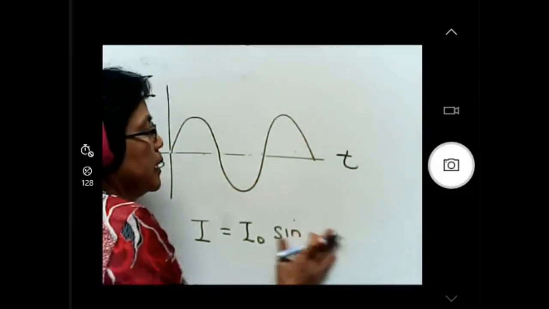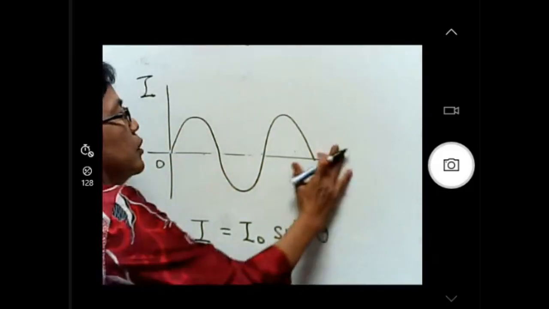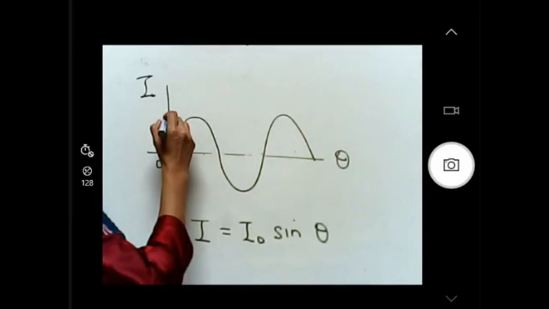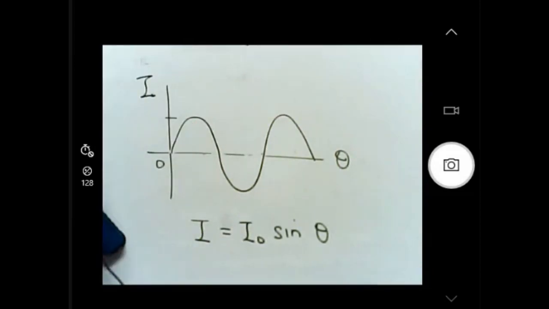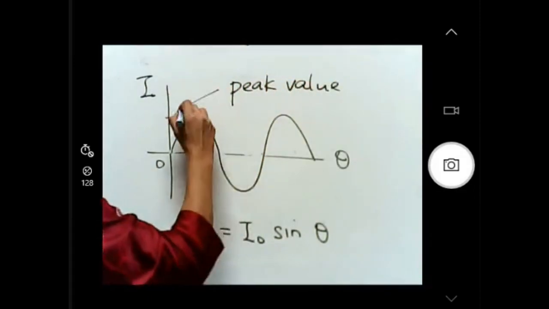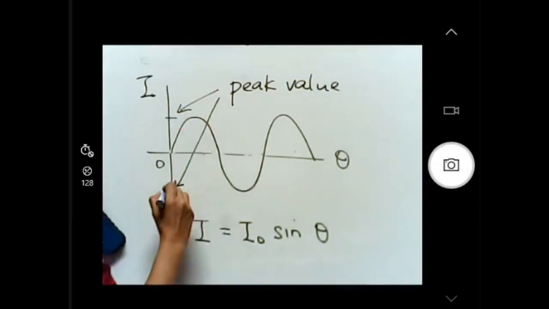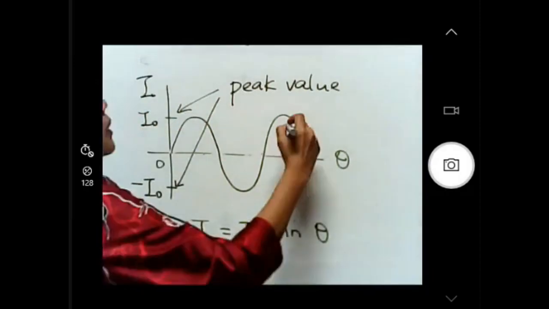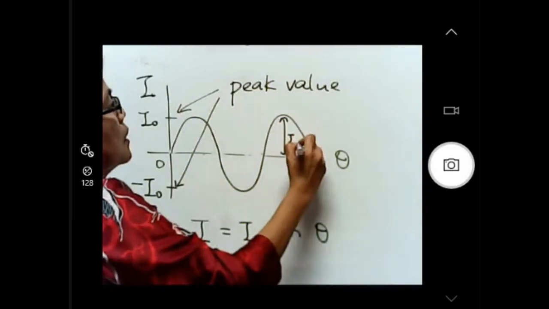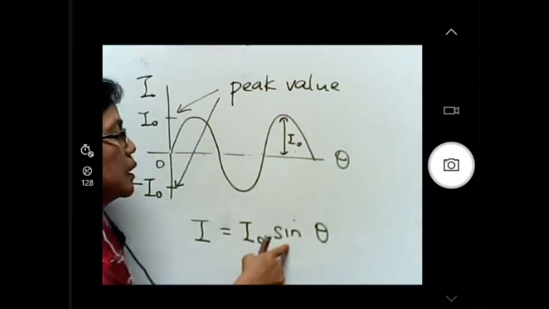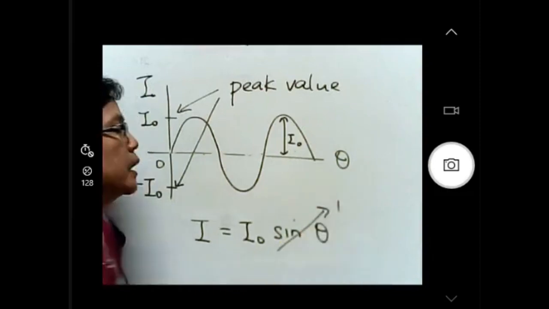If you want theta, then your x-axis will be theta. The maximum value, or the amplitude, or what we call the peak value, will be here and also here, which is negative I naught in this case, and I naught. Meaning this is I naught. So we know the peak value occurs when sine theta is equal to 1.